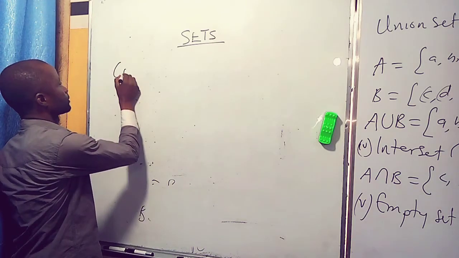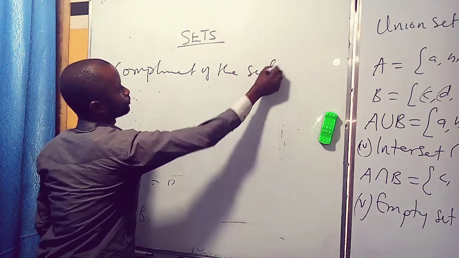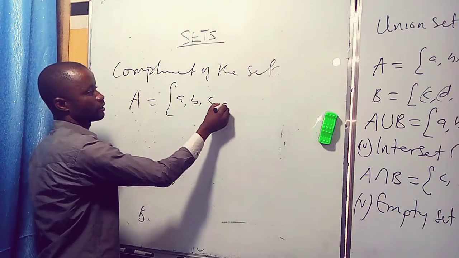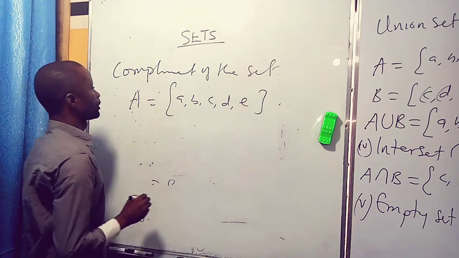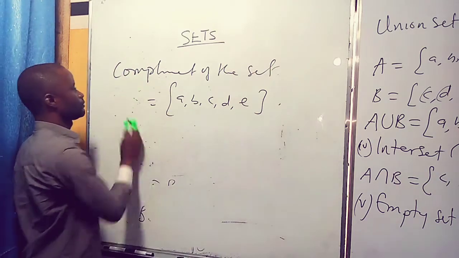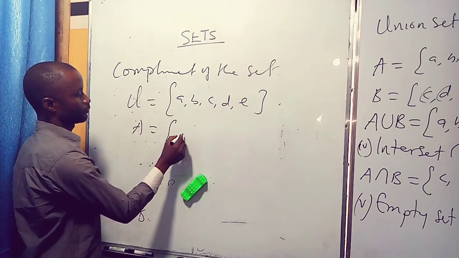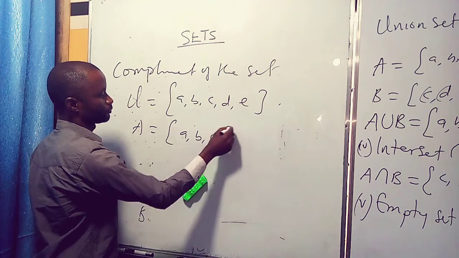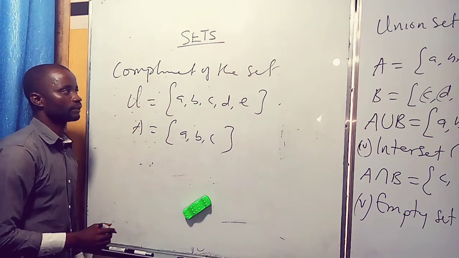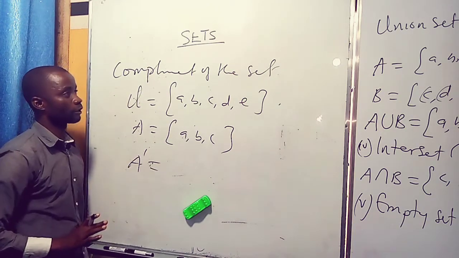Assuming set A is defined as A, B, C, D, E, and this set is the universal set, and then you have A now defined as A, B, C. You are asked to find the complement of set A. Look at the symbol that I use for complement.